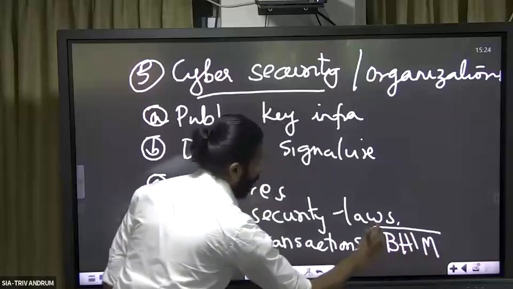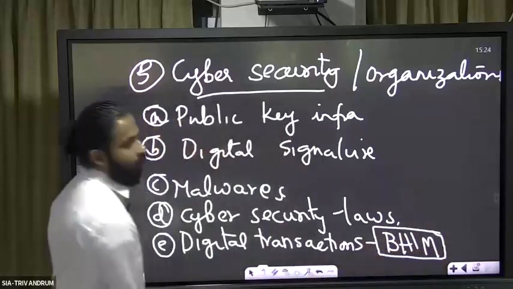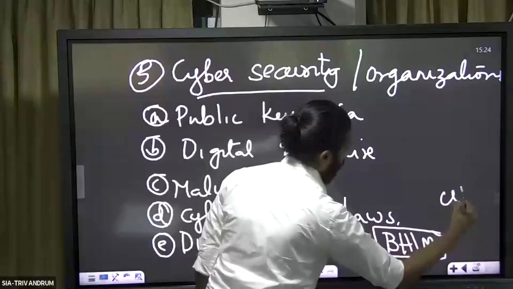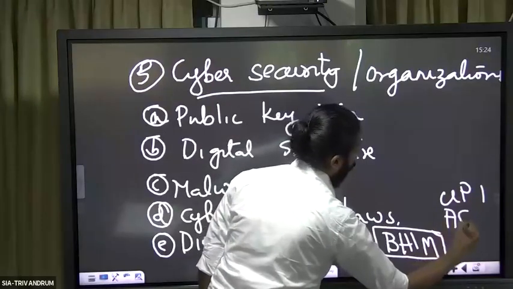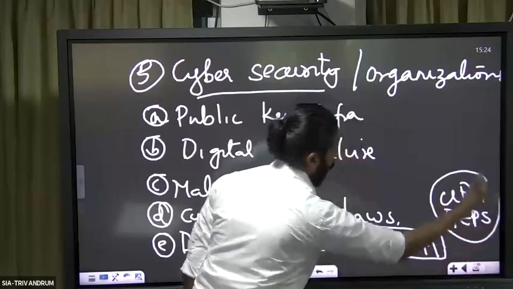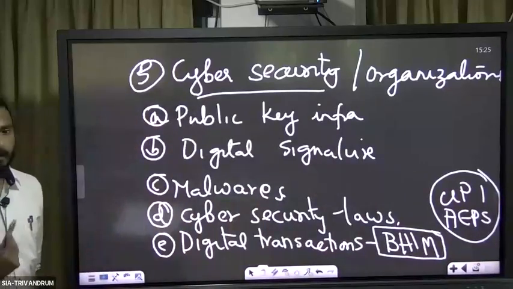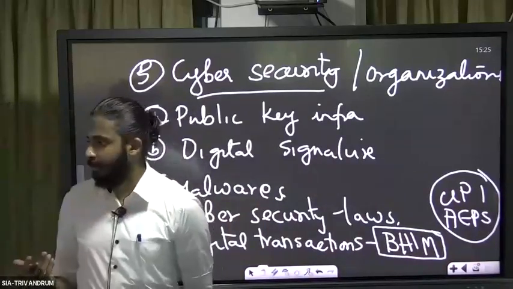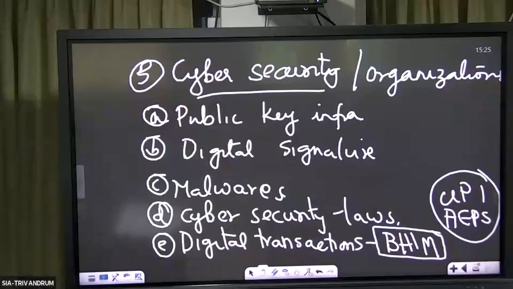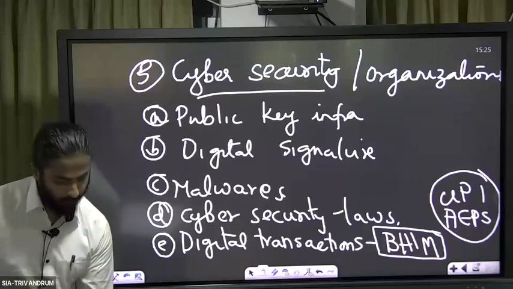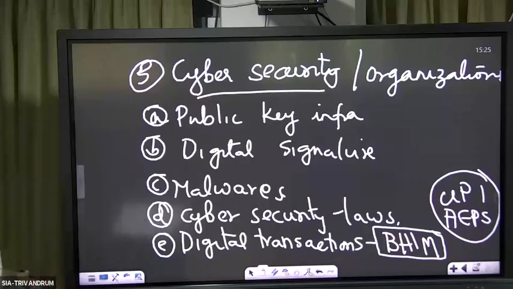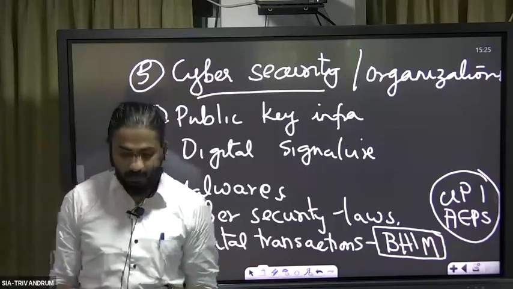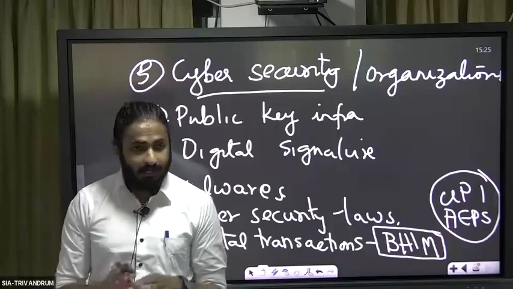So all other digital transaction methods, like UPI, Aadhaar enabled payment system, credit, debit cards, all these digital payment systems you should read about. These are the areas from which I think you can expect questions in ICT. These are the core areas.